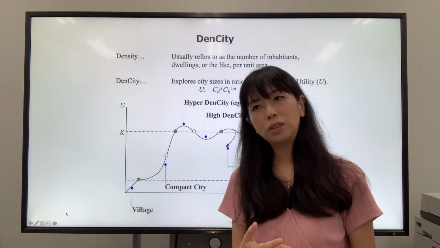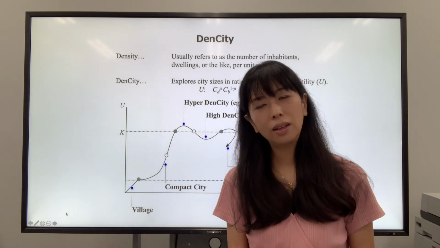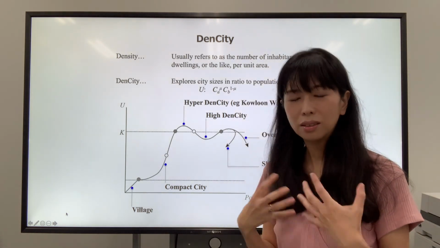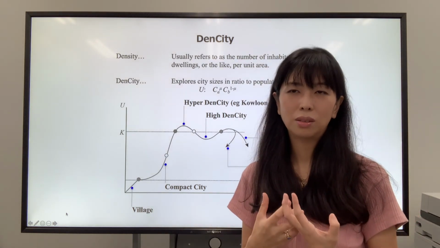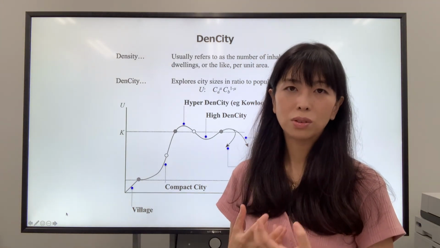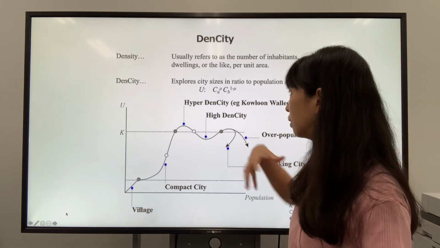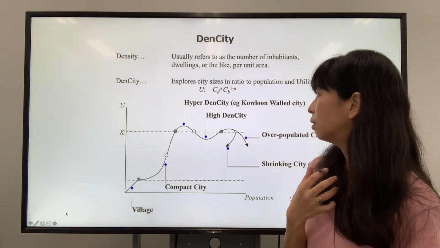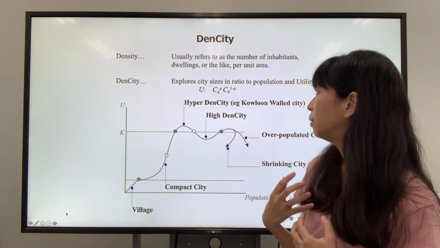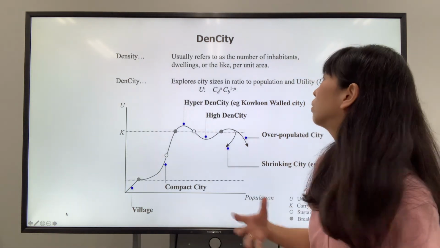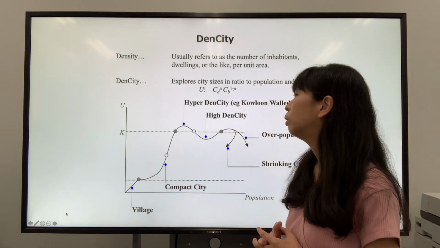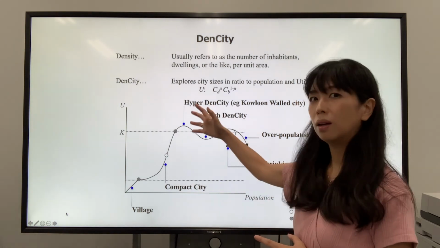However, in terms of utility, there was life there, and a lot of things were happening there, almost very lively, more lively than our usual life. So perhaps the utility level of Kowloon Walled City could be considered quite high.